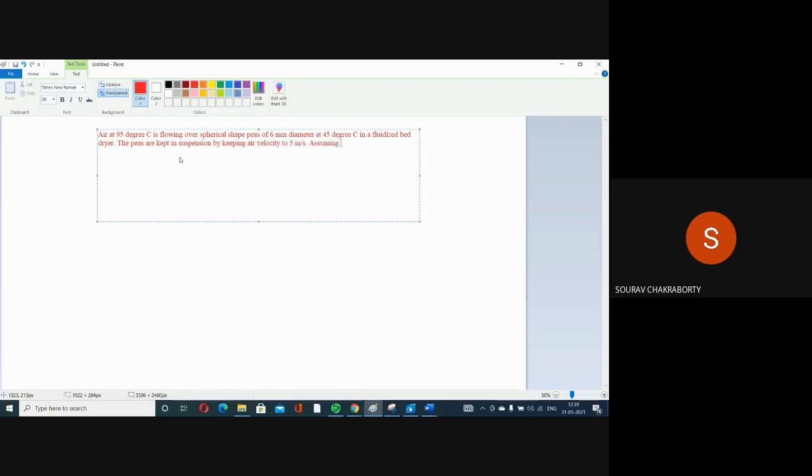Assuming all the peas are being dried individually, such that they are treated as separate entities, determine the convective heat transfer coefficient.